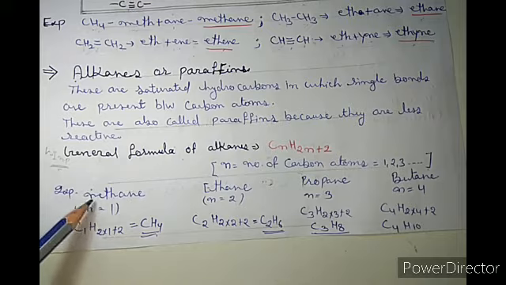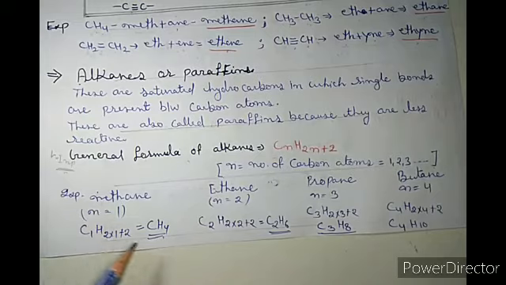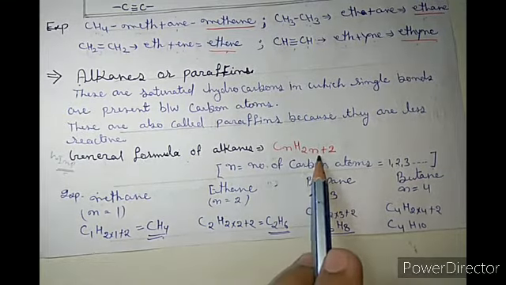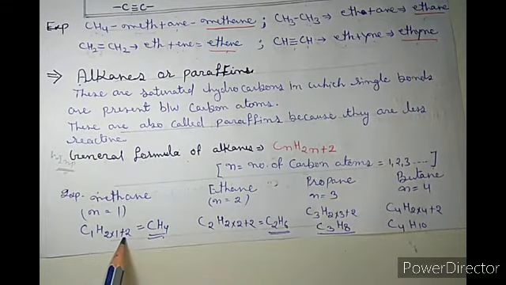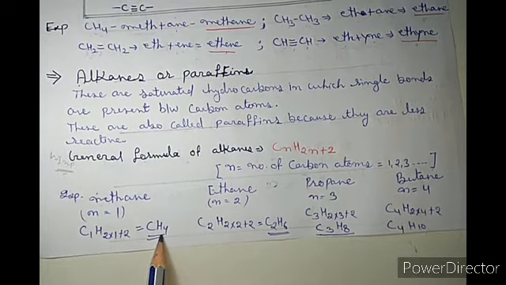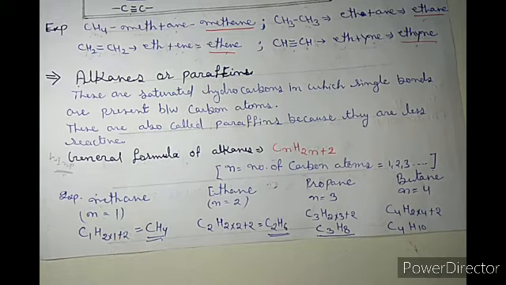As the name indicates, meth means 1 carbon, so the value of n is 1. Now when we put the value of n in this formula, it becomes C1H(2 into 1 plus 2). So the answer becomes CH4, that is the molecular formula of methane.